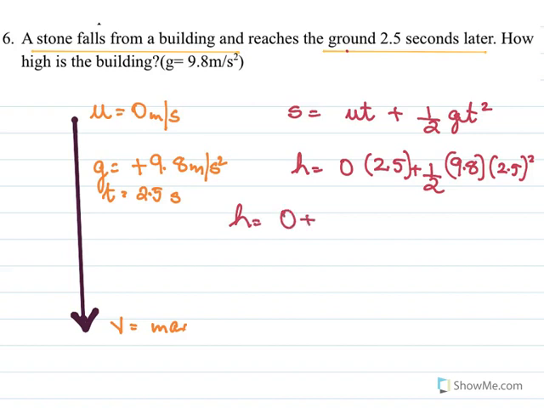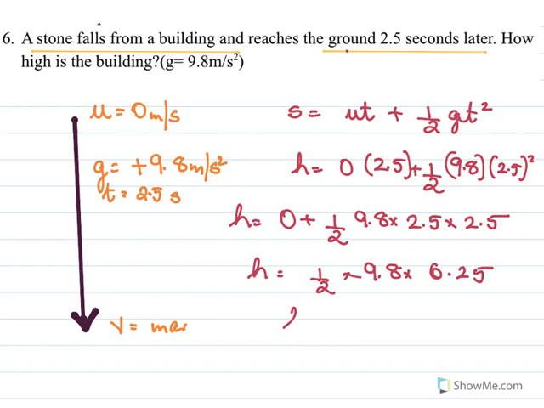So h equal to 0 plus half 9.8 into 2.5 into 2.5. So h equal to half 9.8, and this will be 6.25. If you do this calculation, your h comes as 30.625 meter. So that is the height of the building.